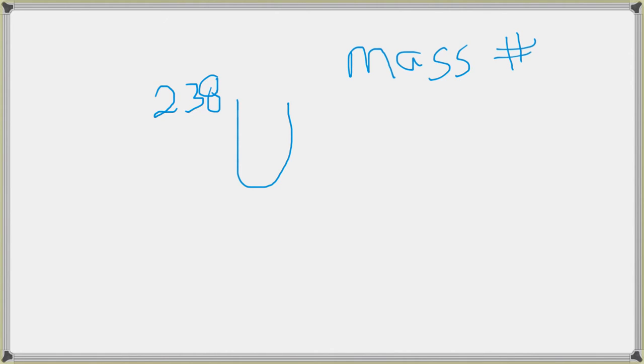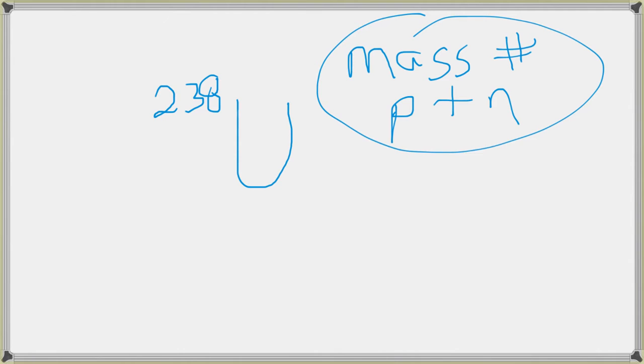If you see a letter with a number in the top left, that is typically known as the mass number of that particular isotope. The mass number is the number of protons plus the number of neutrons.